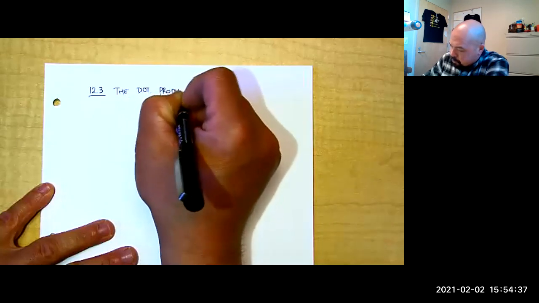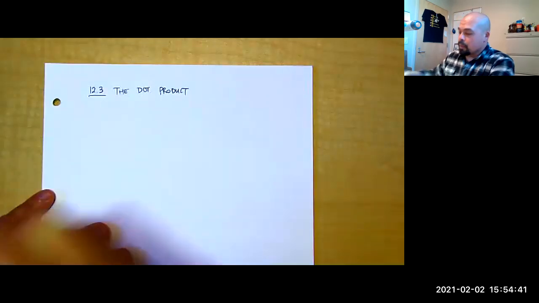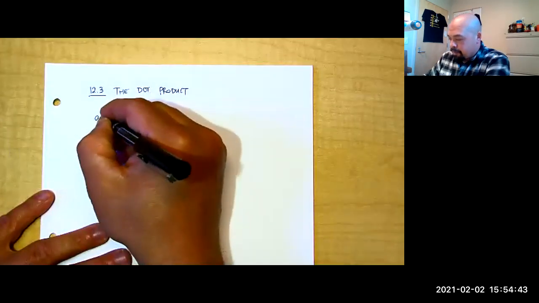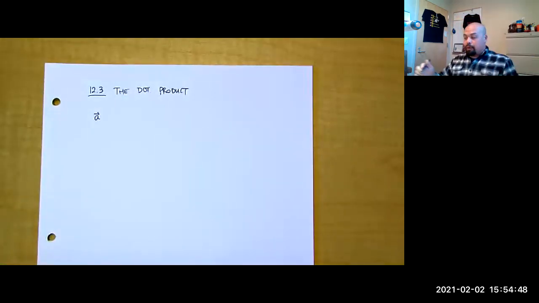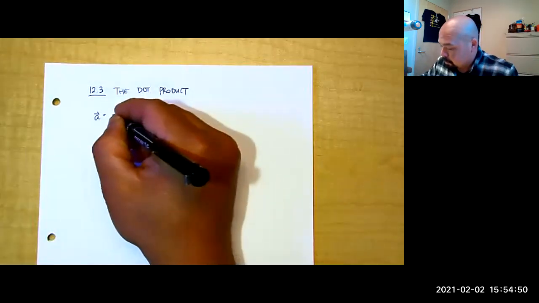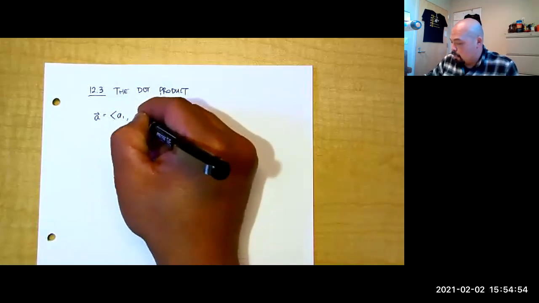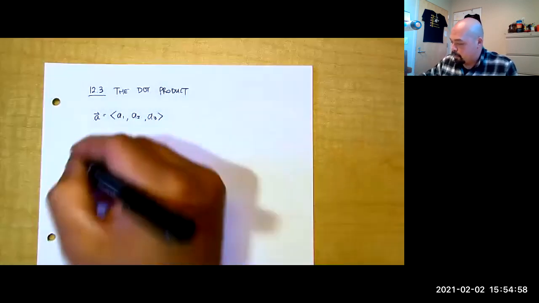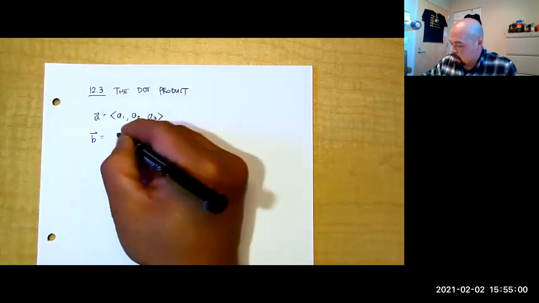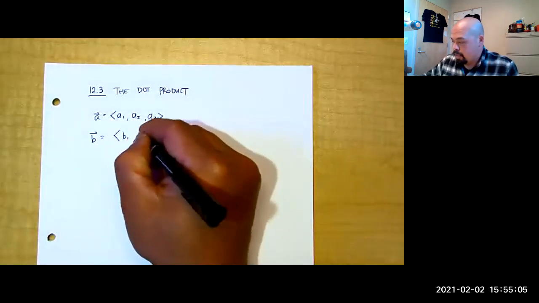So we had our introduction to vectors previously. Suppose we have our vectors, whether they be two-dimensional or three-dimensional, we can identify those with the notation a sub 1, a sub 2, a sub 3, and vector b. Those angle brackets identify that we have these components.